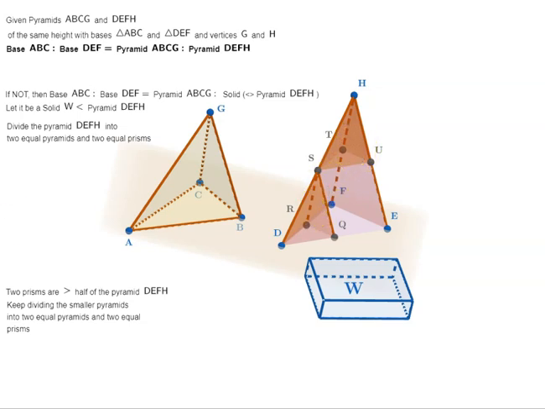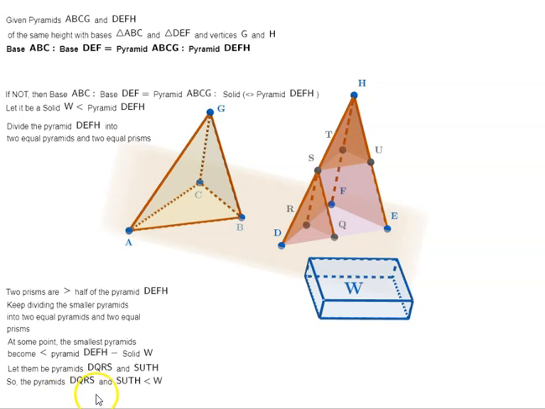We keep doing this till at some point the smallest pyramids become less than the difference between these two, that is pyramid DEFH minus solid W. For simplicity's sake, let them be pyramids DQRS and SUTH. So the pyramids DQRS and SUTH are less than the difference, which implies that the prisms are greater than solid W.